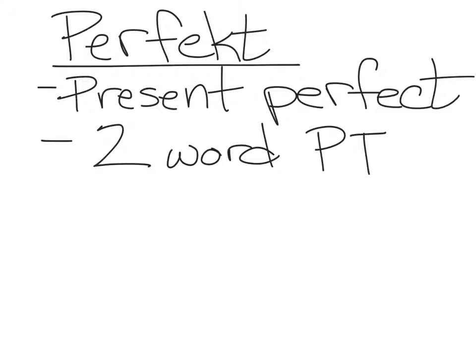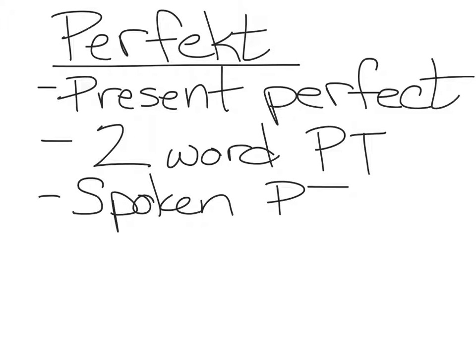Okay. The other one was written. This one is spoken. So when you talk, this is what you would use. Okay. Now, there are some verbs, like war, for example. Even though it's the written form of the verb, they will frequently use war and the modal verbs, stuff like that. The Präteritum form, they'll use when they're speaking.